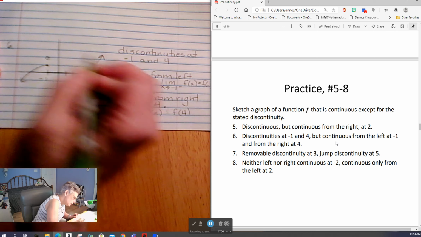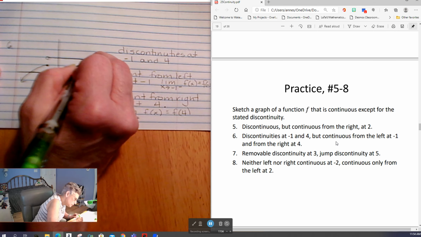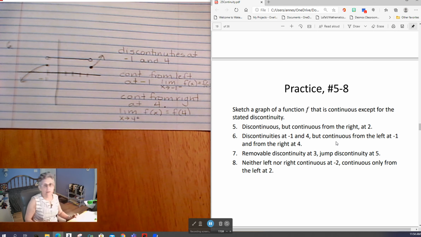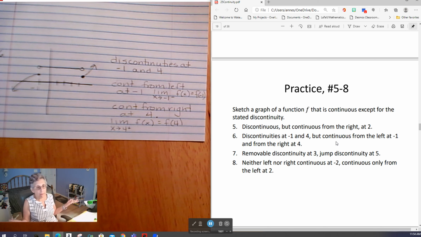So I'm going to put a little line from here to here. Now your graph may not look exactly like that. You could have it do anything you want it to do as long as it fulfills those requirements. I'm going to leave the rest for you to do, and I'll work these out and put them in the class notes.